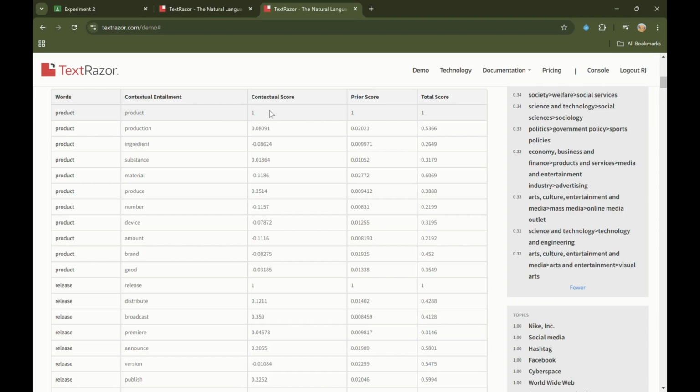Hence, the contextual score or the prior score and the total score as well is 1. Whereas, if you see in the third row for product as ingredient, it shows minus 0.086 as the contextual score, which implies that product as an ingredient is not very relevant to this paragraph.